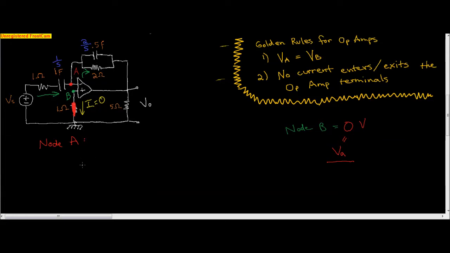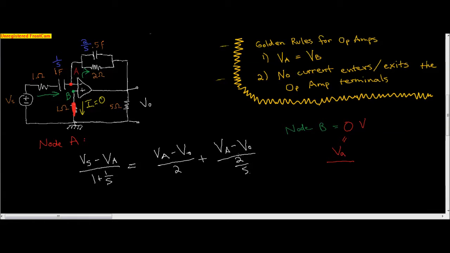So the current going in is going to be VS minus VA divided by 1 plus 1 over S, and this is going to equal VA minus VO over 2 plus VA minus VO over 2 over S. So if you look at how I got these two guys, this just came from splitting up the currents going through the resistor and the capacitor up on the top branch.